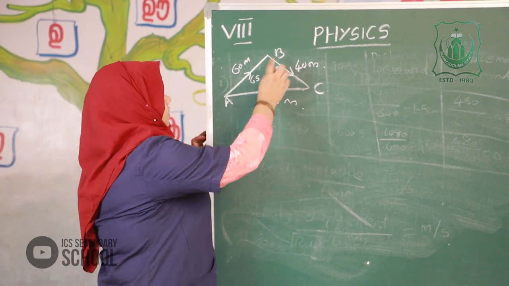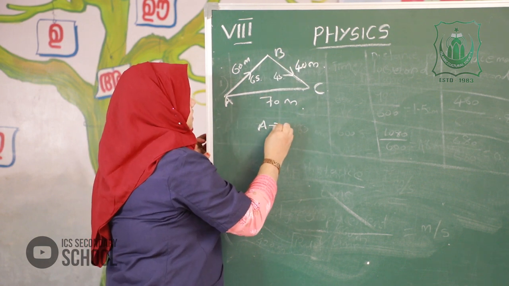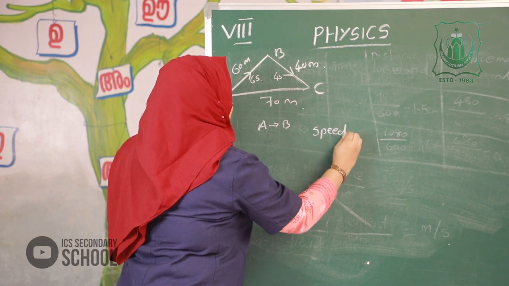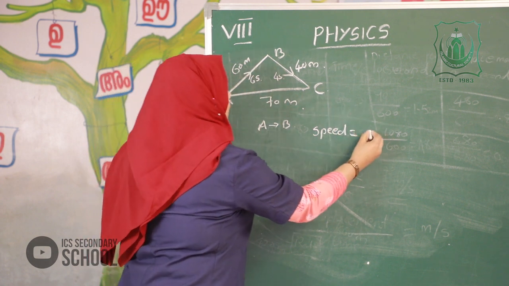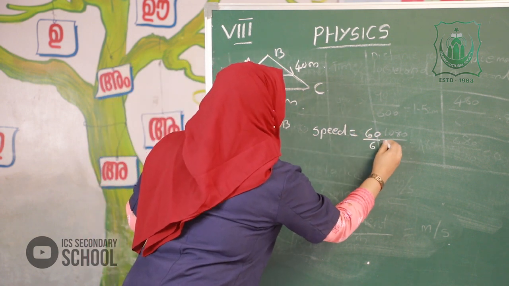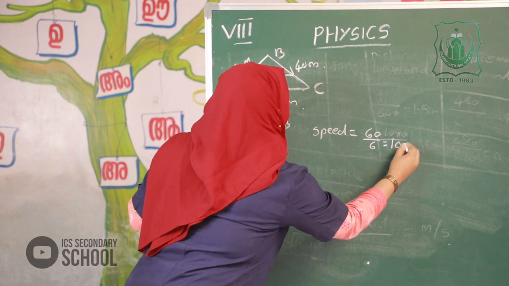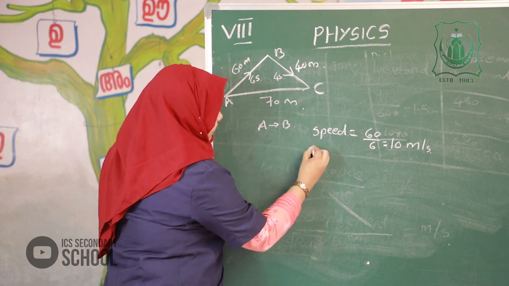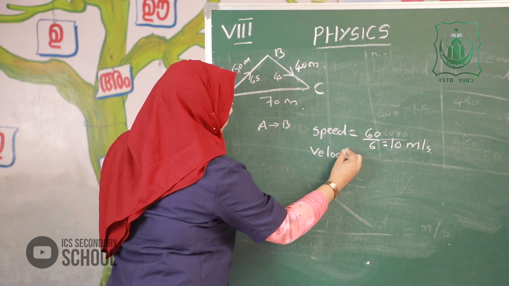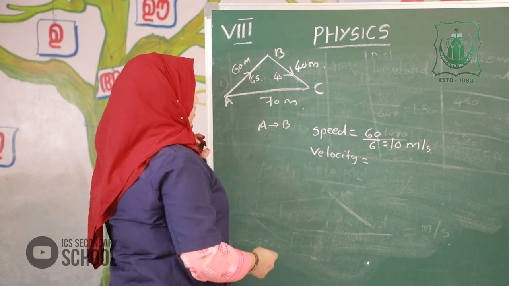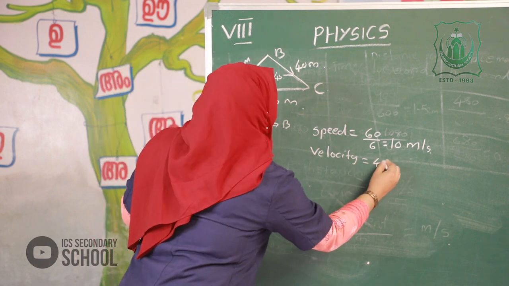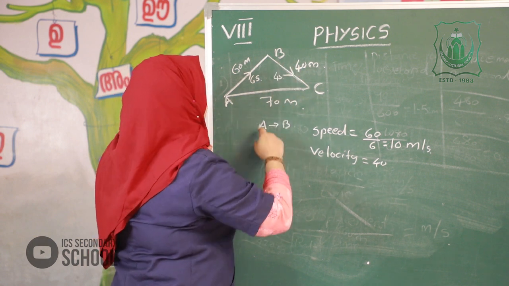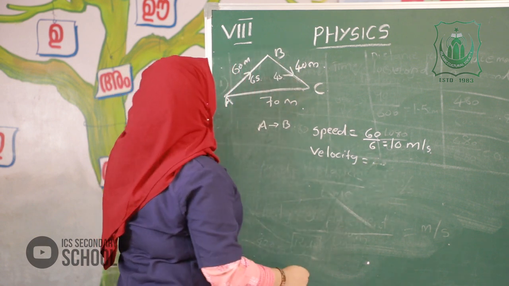We know that from A to B, what is the speed? Speed is distance divided by time. 60 divided by 6, what? Yes, 10 meter per second. And velocity? A to B velocity is displacement divided by time.